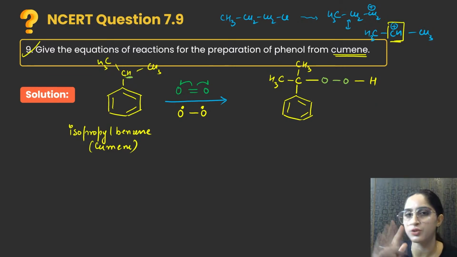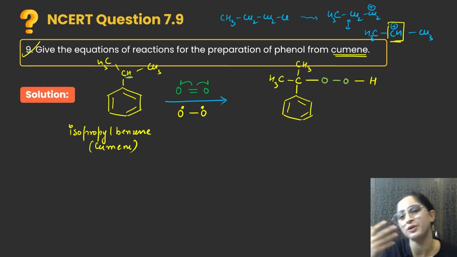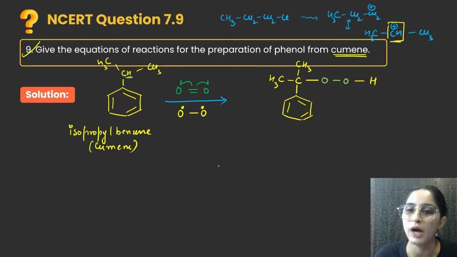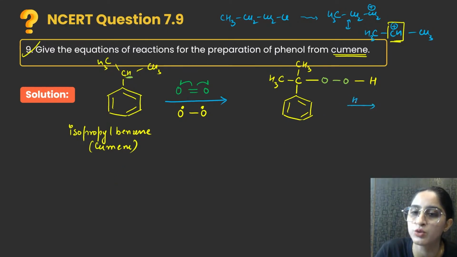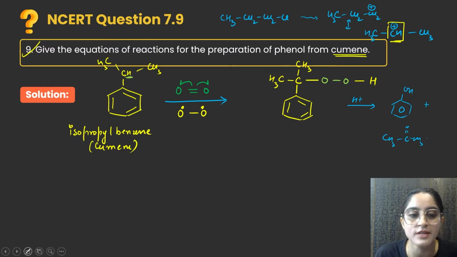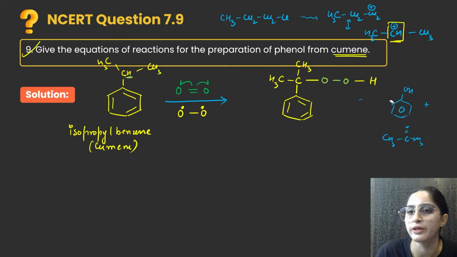I don't want to teach you that way, so I'll tell you the proper mechanism. I don't want you to say, ma'am, I don't know, I'll just add. Some students add H positive. This is not wrong for CBSE, but this is wrong for competitive exams. So if you are preparing for a competitive exam, I will not advise you to do this.